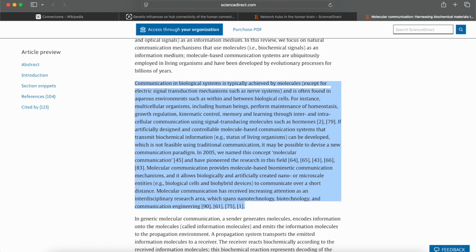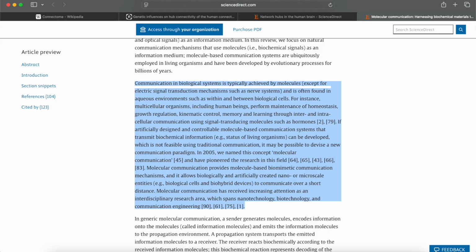Communication in biological systems is typically achieved by molecules, except for electrical signal transduction mechanisms, such as nerve systems, and is often found in aqueous environments, such as within or between biological cells.